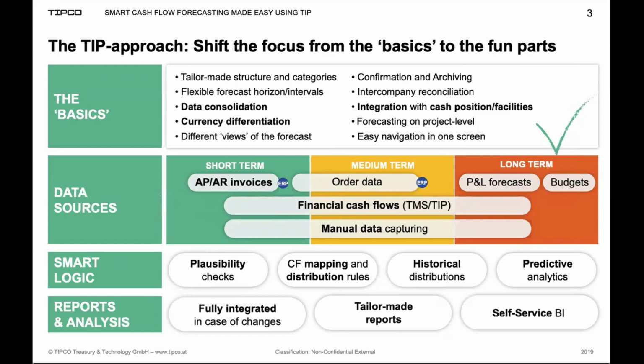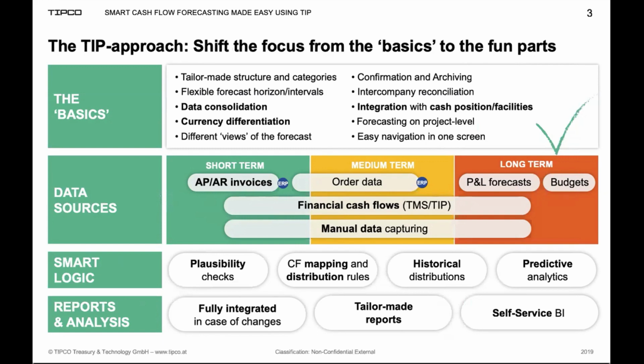And this is where this cash flow mapping and distribution rules item comes in, because in the first step, we analyze that data, we identify patterns of late payments, for example, and then we put this information in TIP in the form of smart mapping tables or distribution rules, so that when we source data from the ERP, first of all, we sort of squeeze it through this set of mapping and distribution rules until we arrive at our actual estimated payment or cash flow dates.